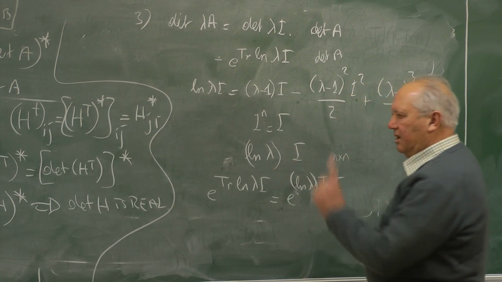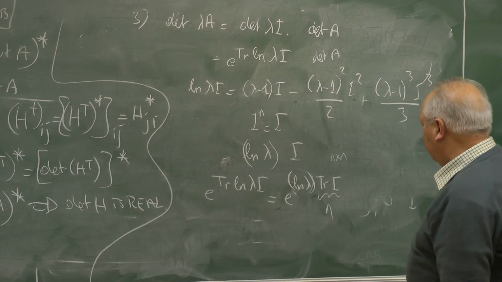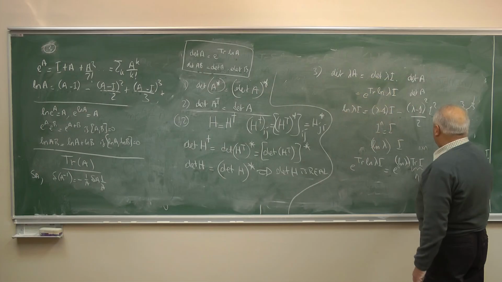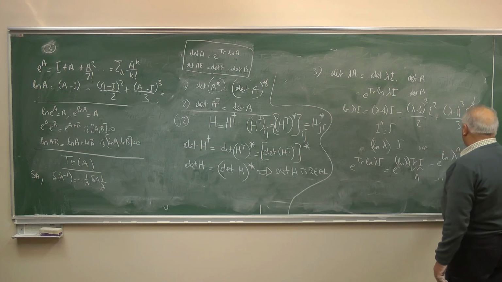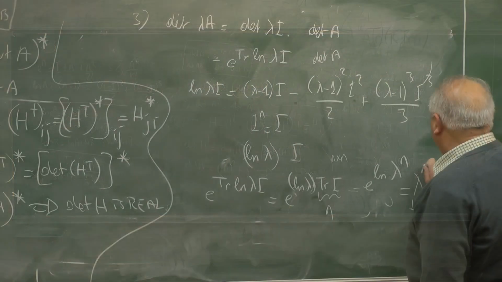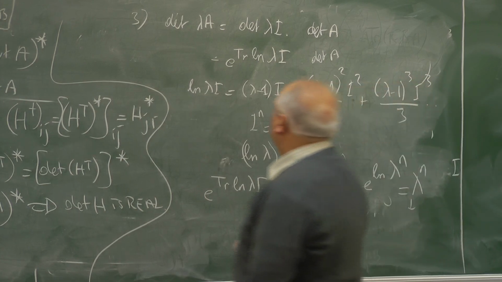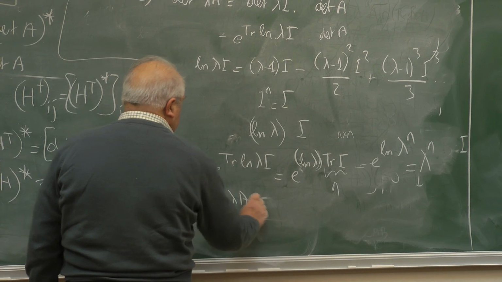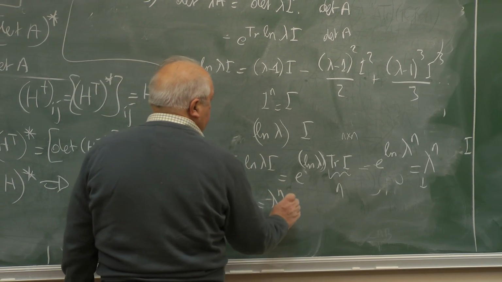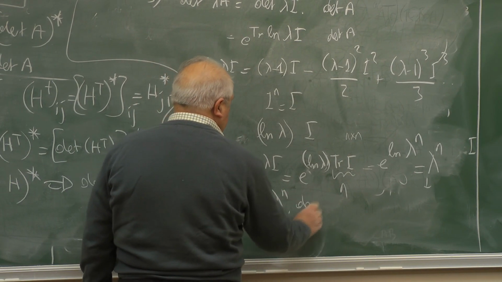It has ones along the diagonal, and if you sum them, it is n. And this is e to the log lambda n, which is, this is a number, so it is simply lambda to the n. Therefore, we found it: determinant lambda A is lambda to the power n times determinant A.